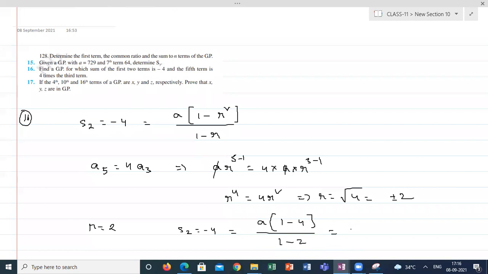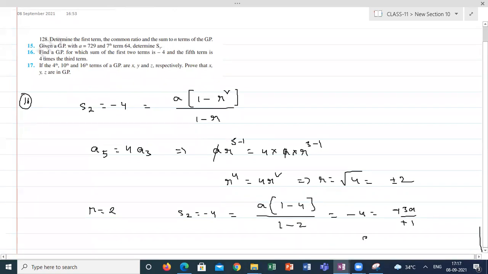This will be minus 4 is equal to minus 3A by minus 1. From here, the A value is minus 4 by 3.